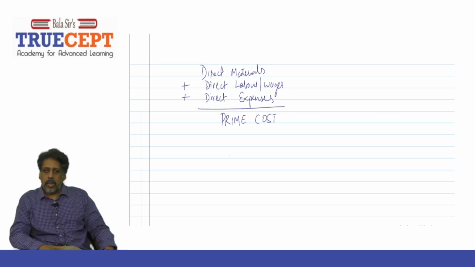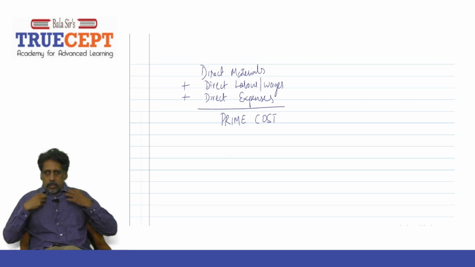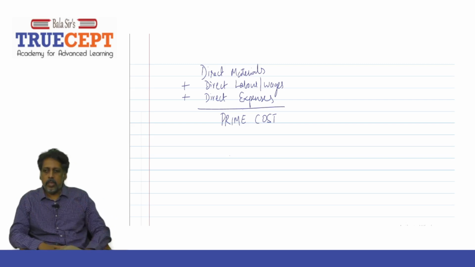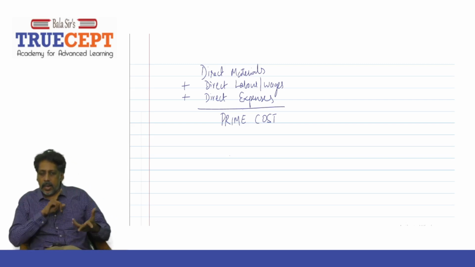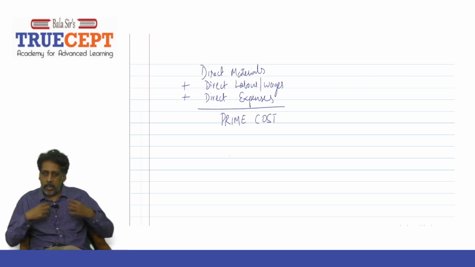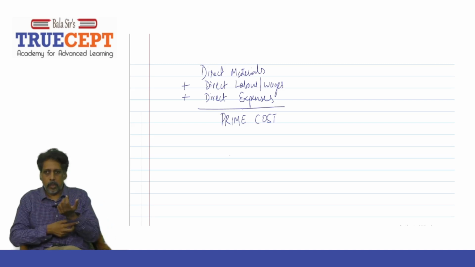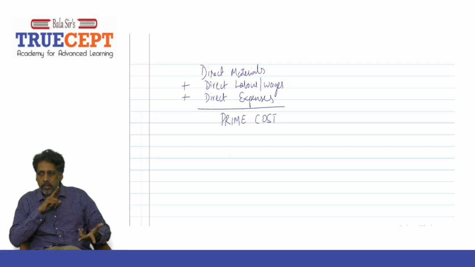Let us say we are a company manufacturing shirts. We need direct materials: we need cloth, buttons, and thread. All these are direct materials used in manufacturing the shirt. Is that fine? Yes, sir.